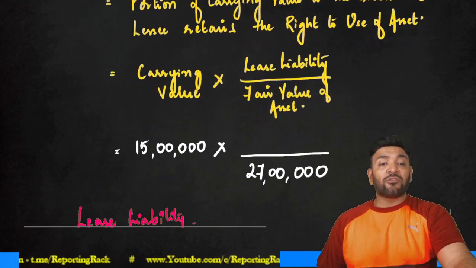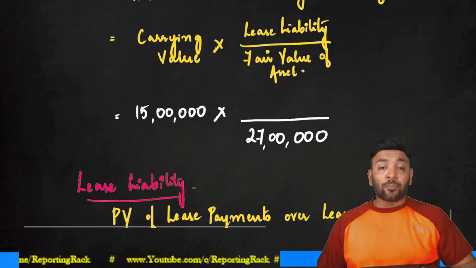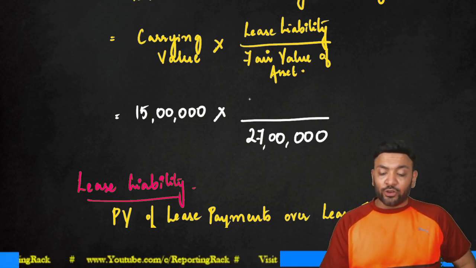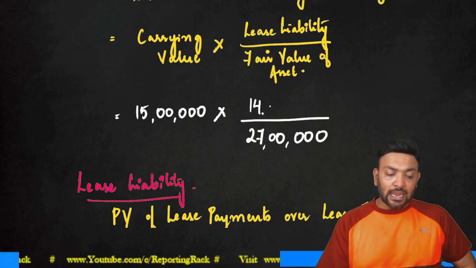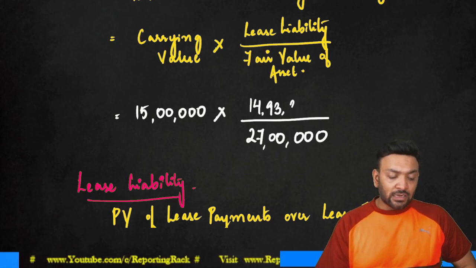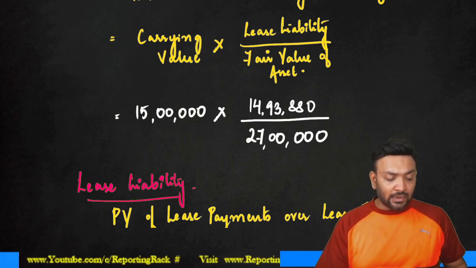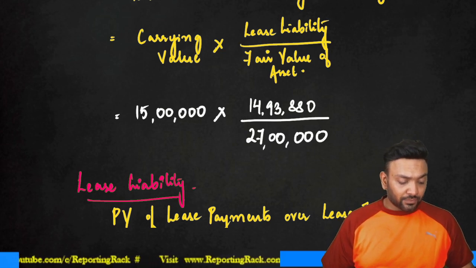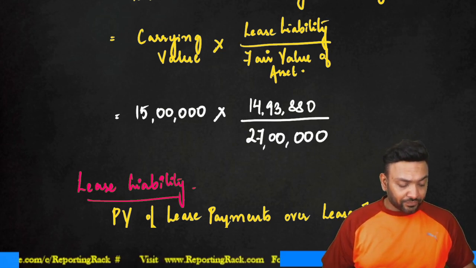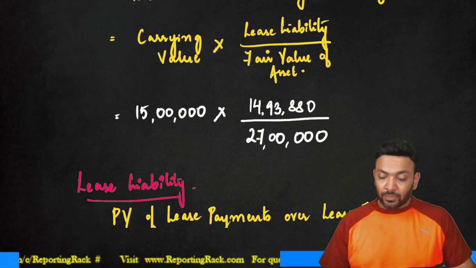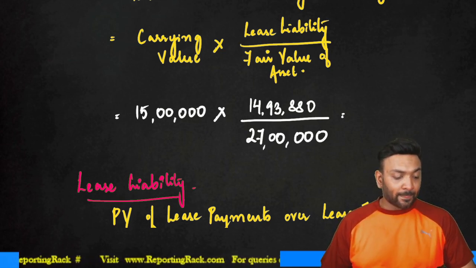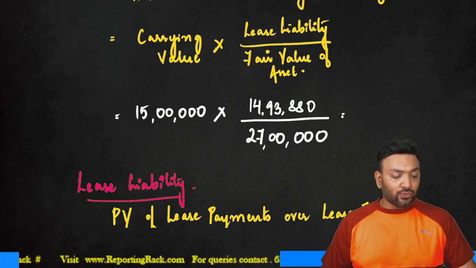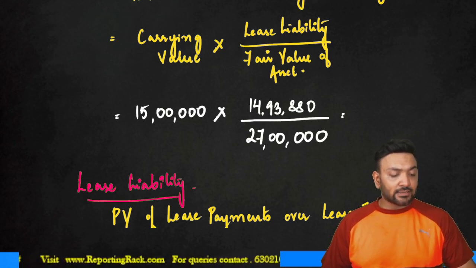What is the proportion of ROU asset then? The proportion of ROU asset retained by the lessee to the extent of their right to use is 15,93,880 divided by 27 lakhs, into 15 lakhs.